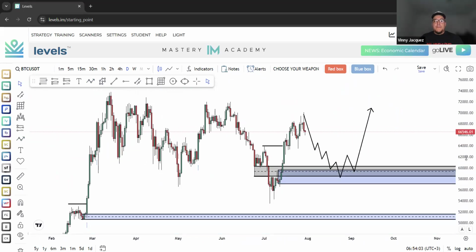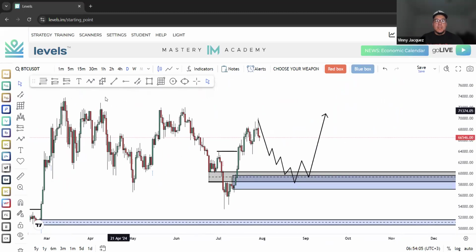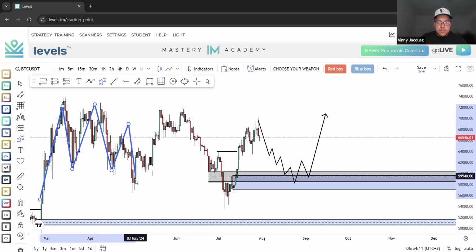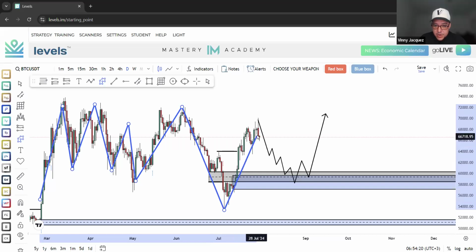But look at this, guys. Consolidation. This is the setup we have to wait for. Consolidation. Breakout. Now, what if these candles right here just continue going up?